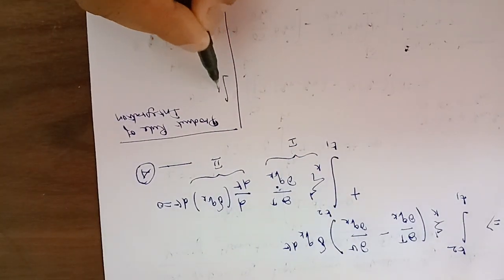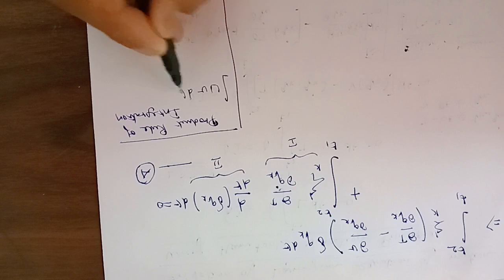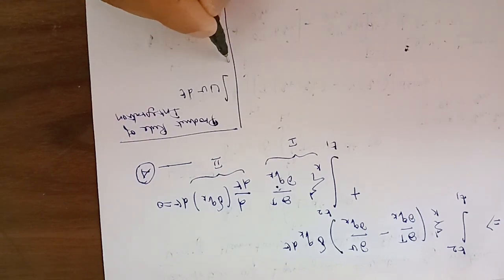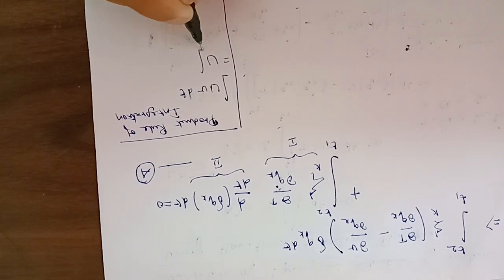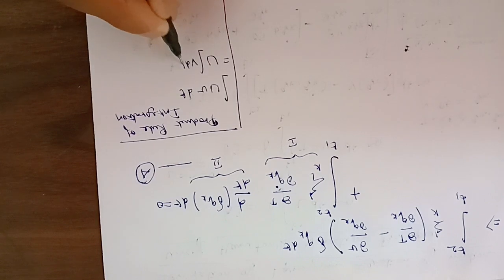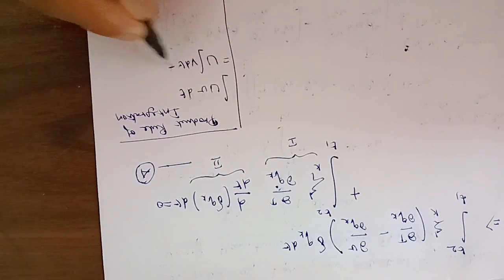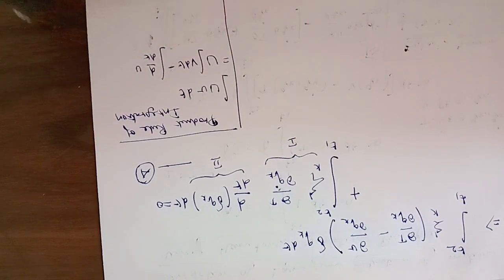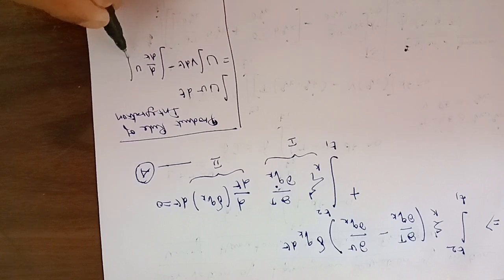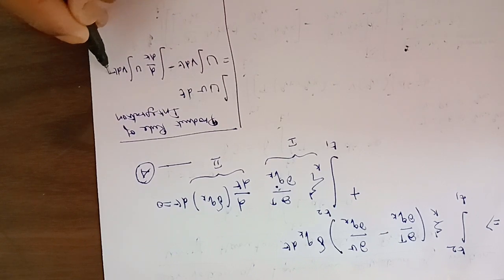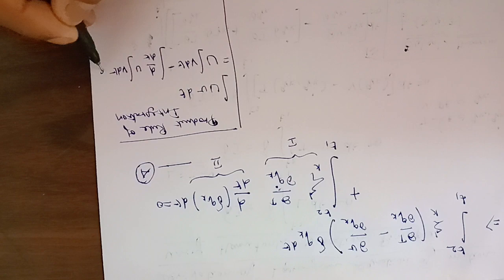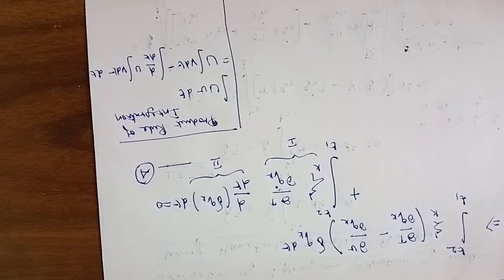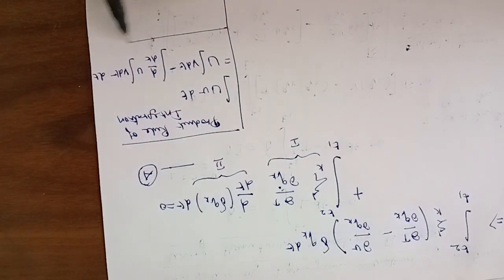If integral u v dt, then it may be written as u integral of v dt minus integral of d by dt of u into integral of v dt, into dt. So this is the product rule of integration.